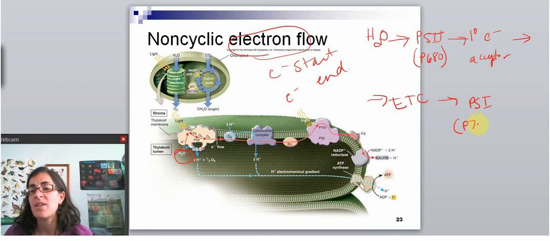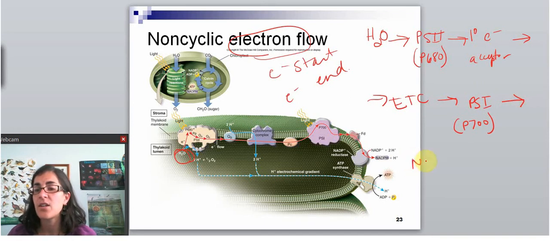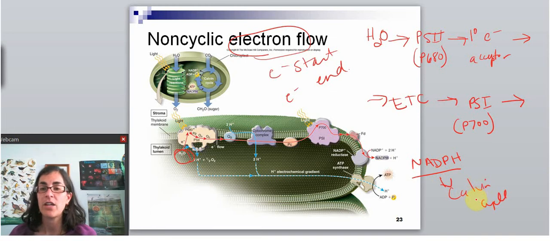And so remember, that's P700 inside of PS1, so filling the electron hole in P700. PS1 then passes it to NADP plus reductase, which puts that electron into NADPH. So that electron is going to end finally in NADPH, and then that will eventually go to the Calvin cycle, which is a topic of a later video.